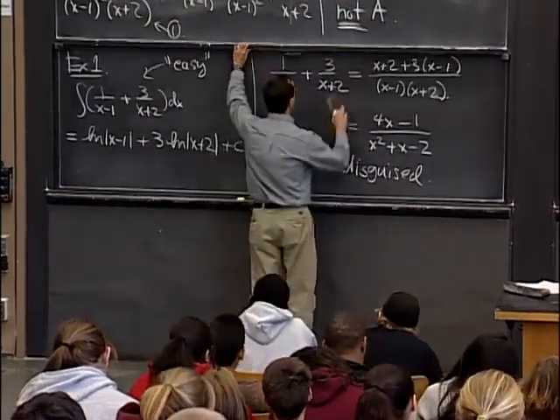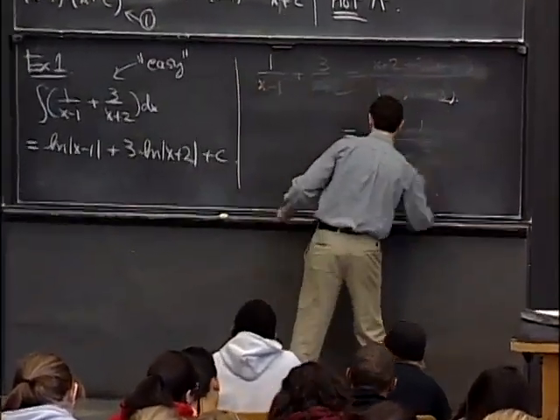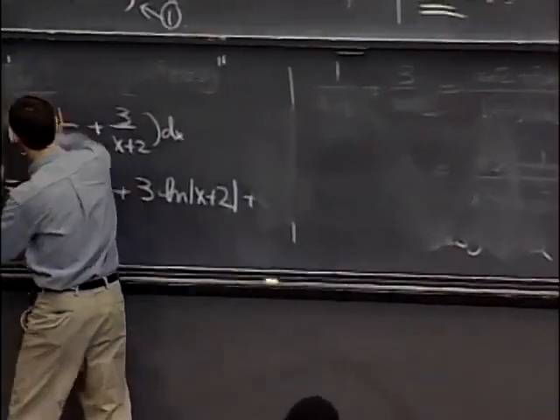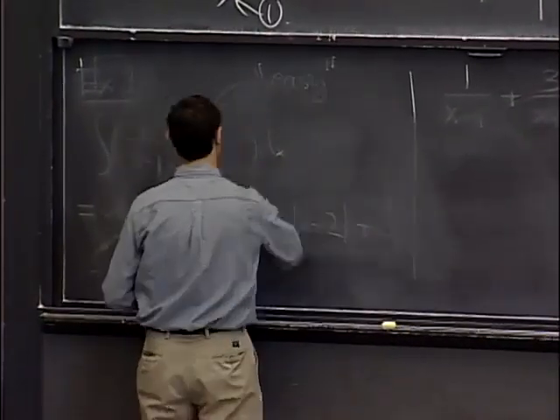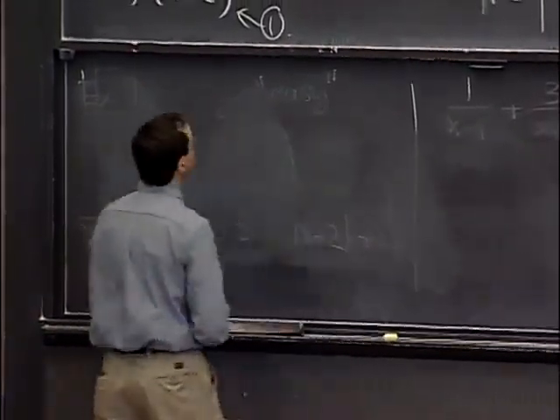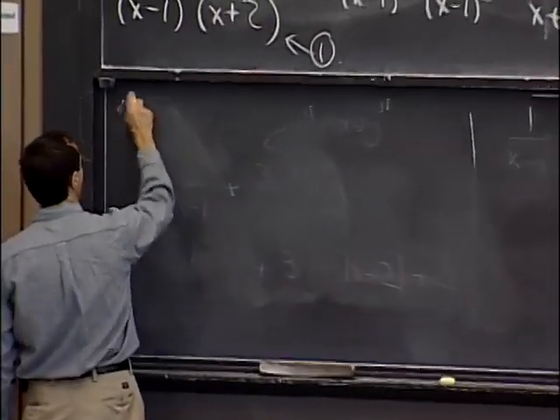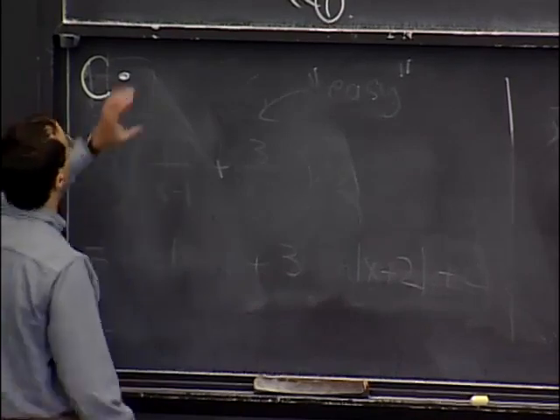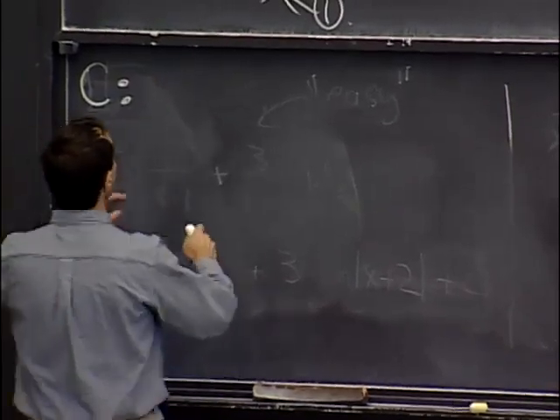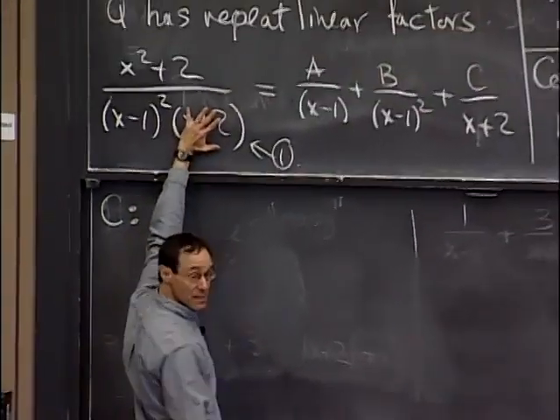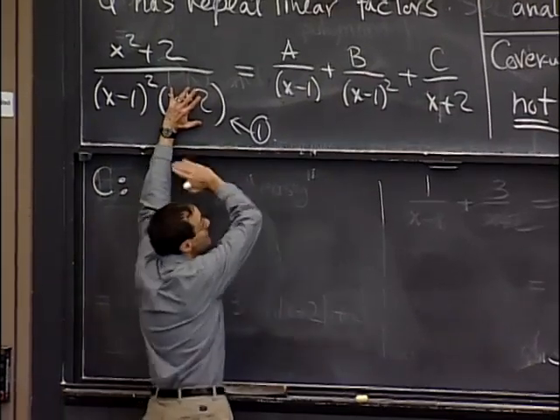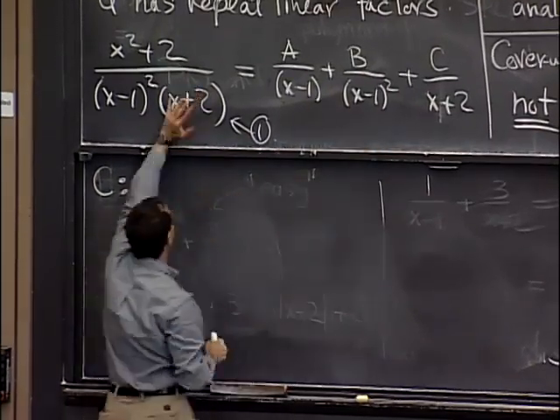Let me show you how it works. First of all, I'm going to do the ordinary cover-up with c. So for c, I just want to do the same old thing that I did before. I cover up this, and that's going to get rid of all of the junk except for the c term.